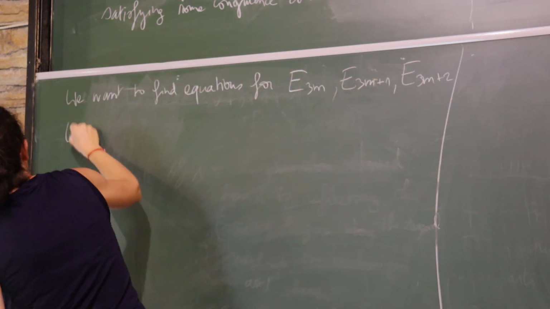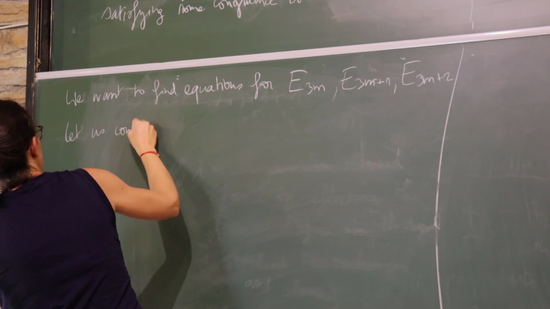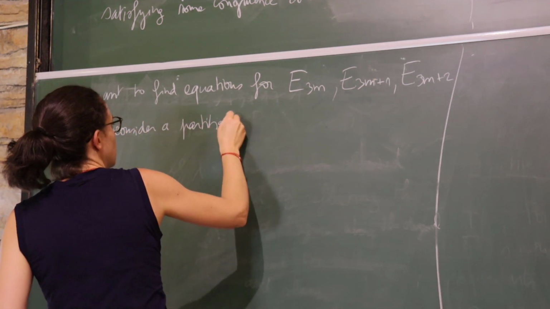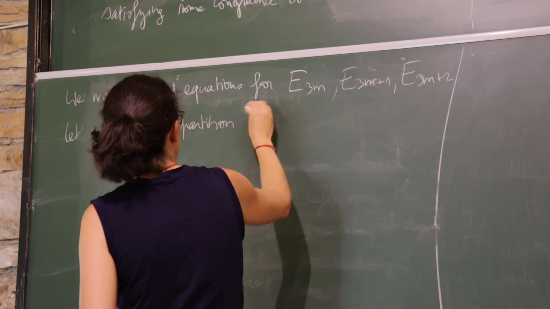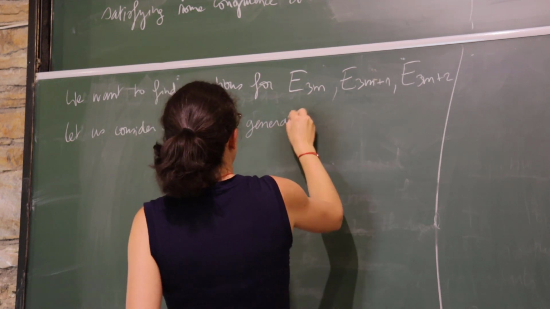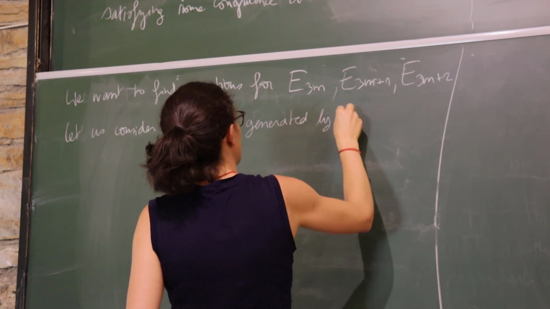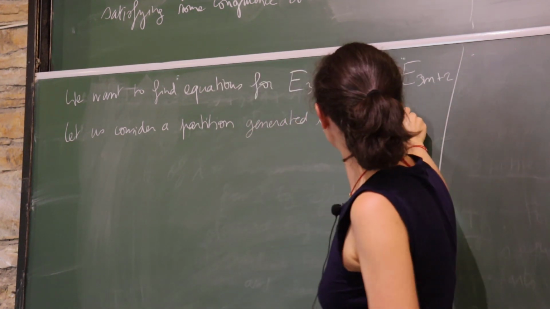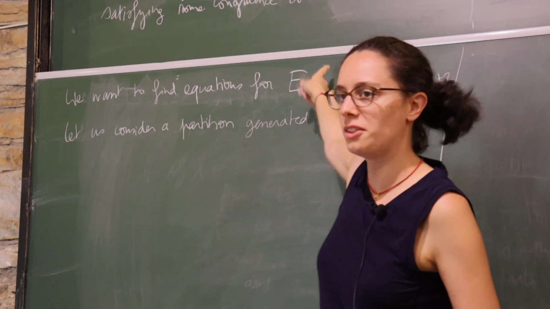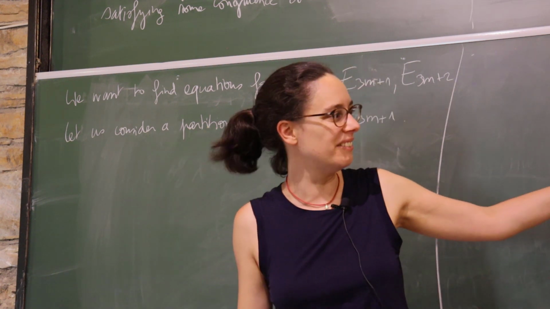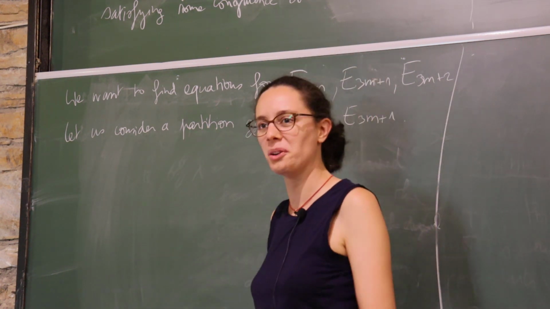So let us consider a partition generated by E_{3m+1}. By the way, I stopped writing the q's between the parentheses because they are always the same, so I sometimes just don't write them.